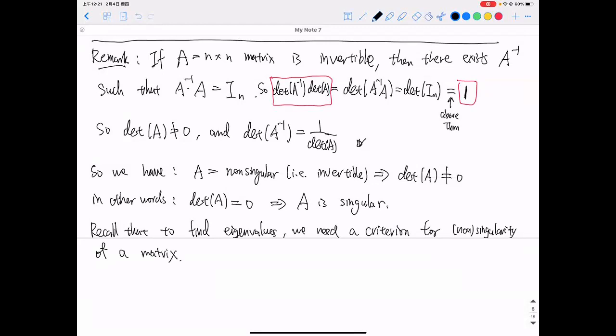And what we've just determined here is that if your determinant is 0, then your matrix is singular.